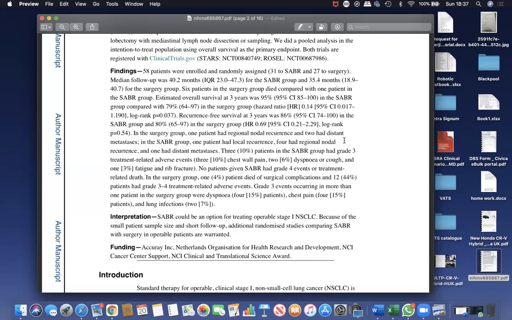Okay. Now my question to you again is, if you give radiotherapy to lung cancer, what happens on a CT scan? Sir, there will be fibrosis in that area.